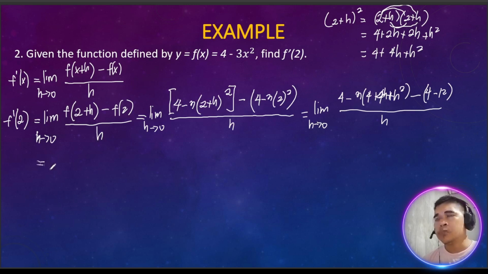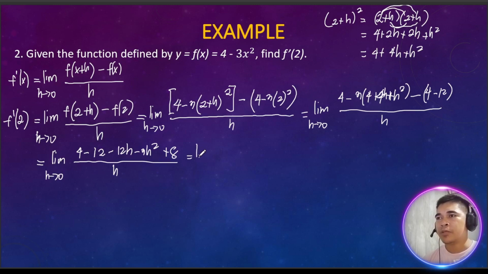Next equals limit of 4 minus 3 times 4, 12, minus another 12 na pod, 12h, minus 3h squared. 4 minus 12, we got negative 8, we got plus 8, over h as h approaches 0.